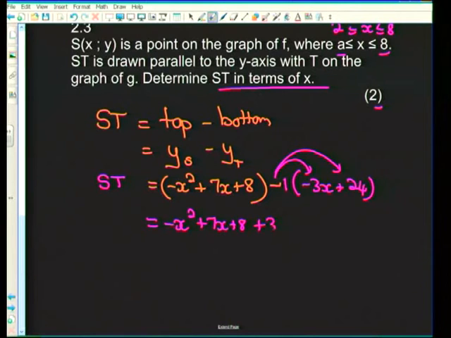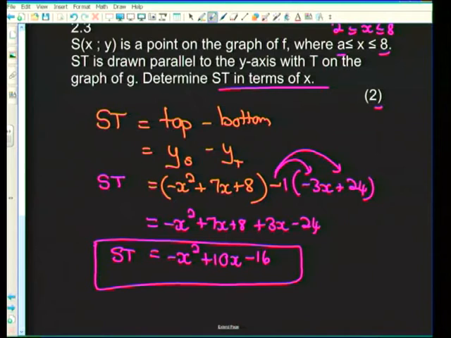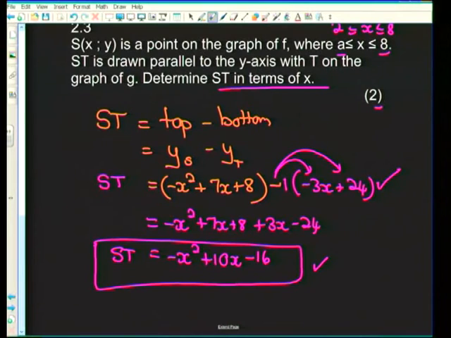So it's going to be plus 3x minus 24, which is equal to minus x squared plus 10x minus 16. Okay, so that's not bad. Have we answered the question? Yes, we've expressed ST in terms of x, which is what the question asked. 2 marks. I personally think the marks would come from the realization of that and the final conclusion where you write it down nice and neatly. Okay, so that is 2.3.